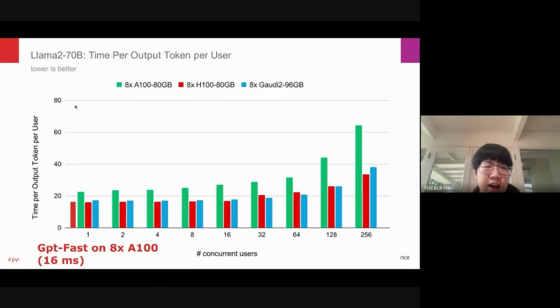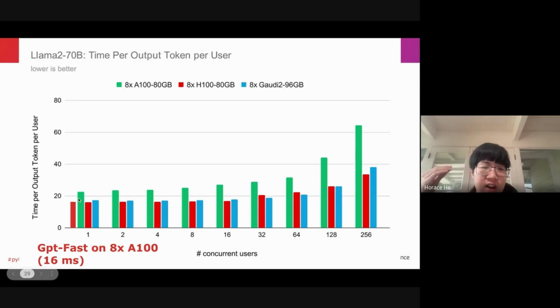The overall result is that our latencies end up being very good compared to the state of the art. This was from a blog post that Mosaic published talking about TensorRT performance. You can see that our results for GPT-Fast on 8x A100 are about 20% faster than TensorRT's results for A100 GPUs.